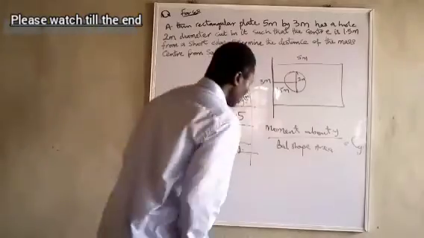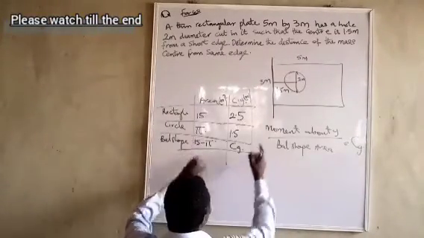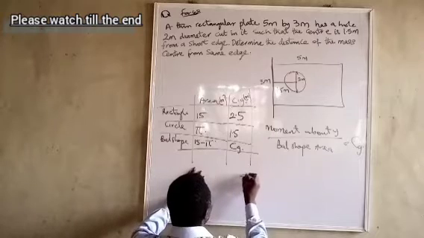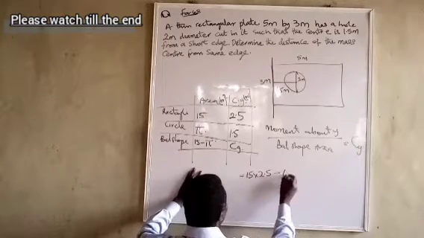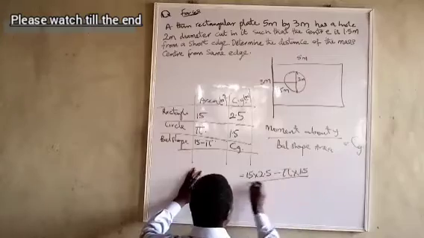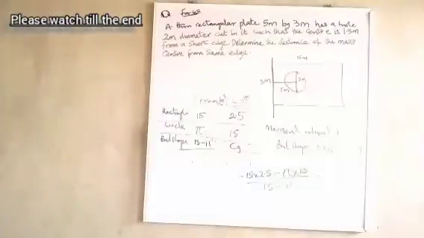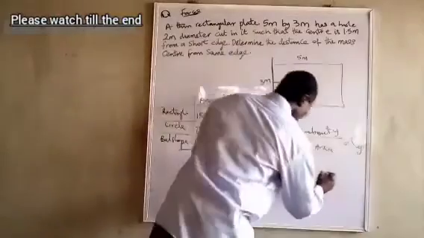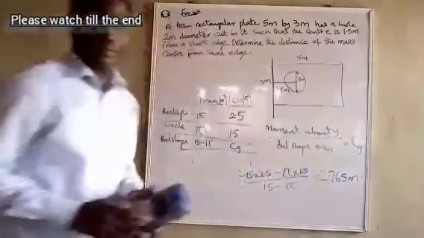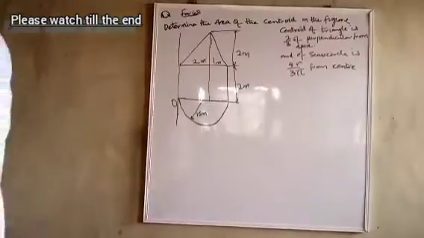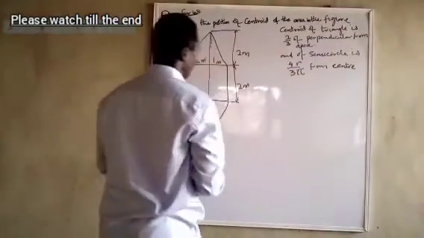So let's take it now. Moment about y, about this place, is going to be 15 times 2.5 minus pi times 1.5 divided by 15 minus pi. Let me use my calculator to get the figure. This one is 2.765 meters.